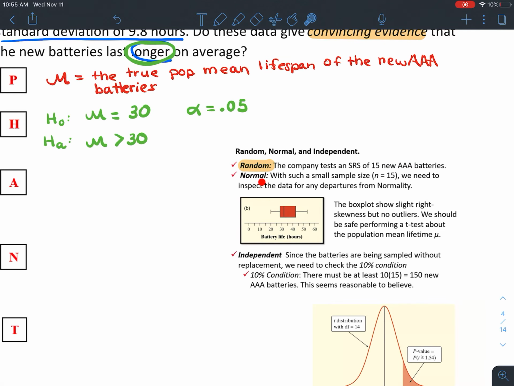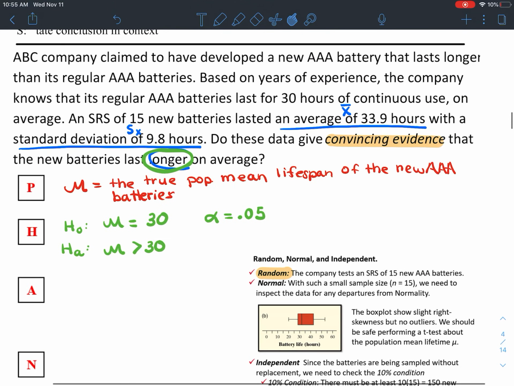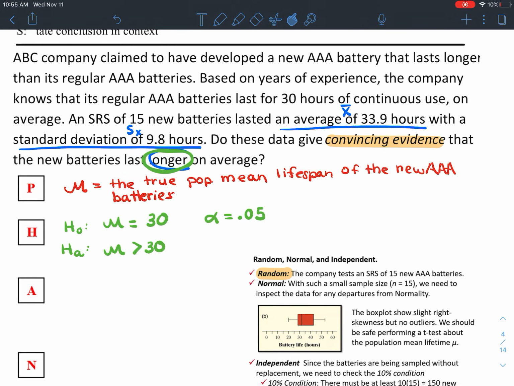Okay, in terms of normality, it did not mention that the shape of the population mean lifespan of batteries was normal. So we can't cite that. If you look at what the sample size is, it's not meeting the central limit theorem because there's only 15 batteries in this sample.